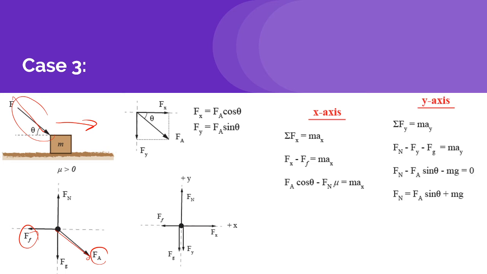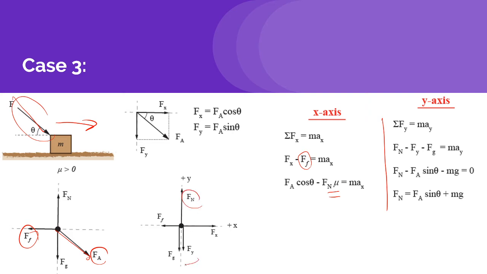But in this case, we are going to require a friction force. And friction force is going to require what? Remember, it's also going to have its own equation, normal force times mu. And for us to be able to find the normal force, we need to visit the y-axis because the normal force is on the y-axis.